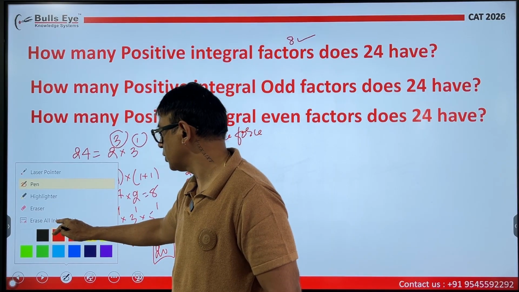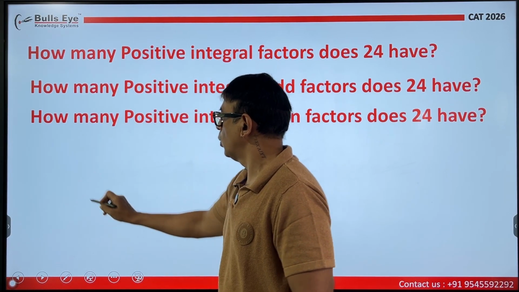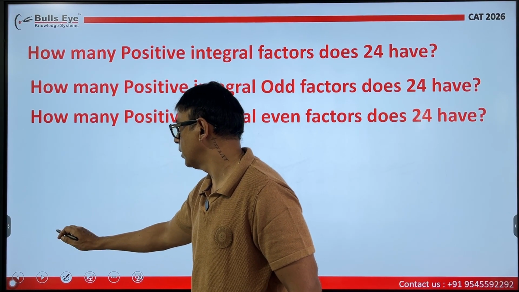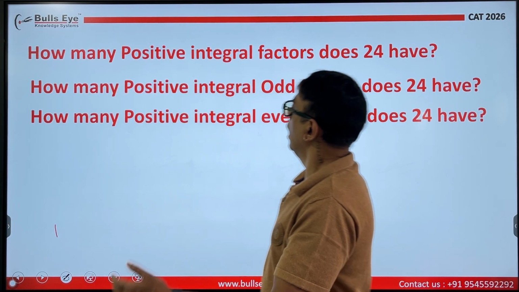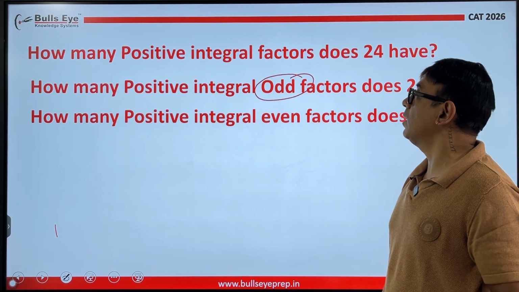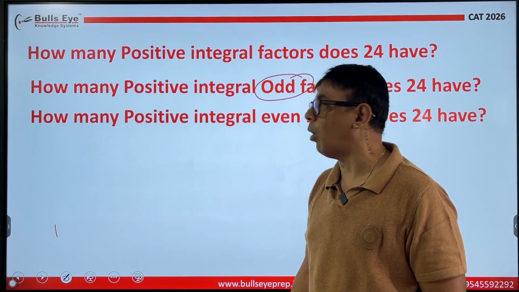Moving on to the next question. It's asking for the number of positive integral factors, but this time not all, only the odd ones.